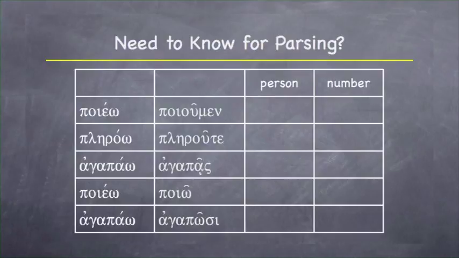In other words, the epsilon's gone away, but even if you don't fully understand why, you're going to be able to tell it's a first person singular, right? Agaposi. Well, the C ending tells you it's a third person plural. You may not understand the omega. So that's what I mean by saying I'm a little ambivalent towards these rules, because you generally can parse them without knowing the rules. But they're important to know because the rules help you get to the lexical form. So let's take a look at the rules.